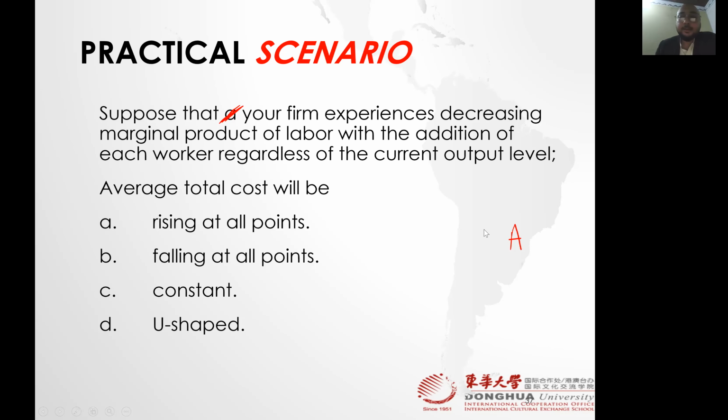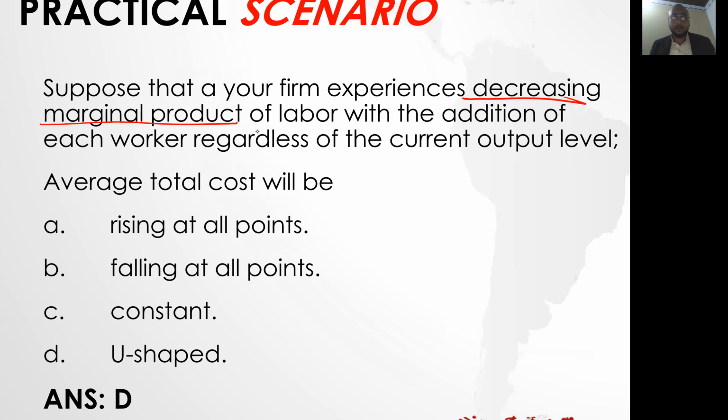You also say A. Well, it's not A. It's D. Why? Because all up till now what we have studied is based on decreasing or diminishing marginal product. Remember, when your firm is facing diminishing marginal product, then all these curves happen here.